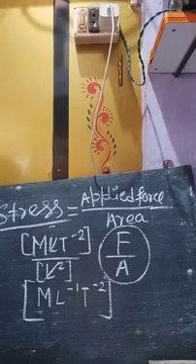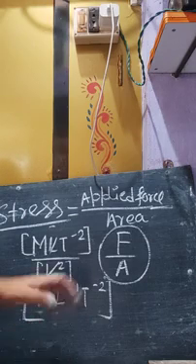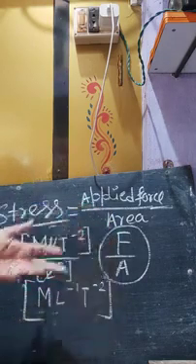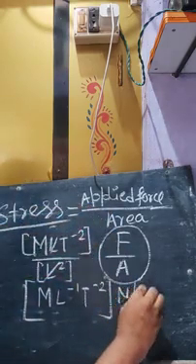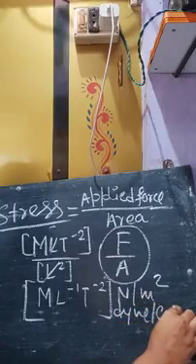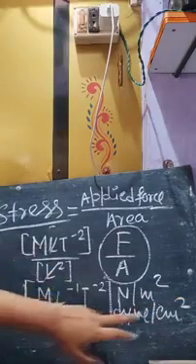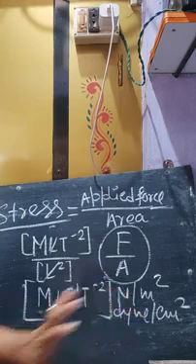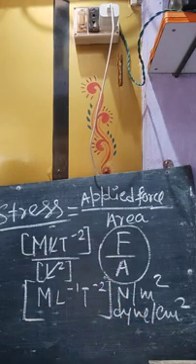And what will be the unit? Similarly, from force and area, the unit will be Newton per meter square or dyne per centimeter square. Whatever you want, you can write. This is the SI unit, and this is the CGS one. So this is the stress.